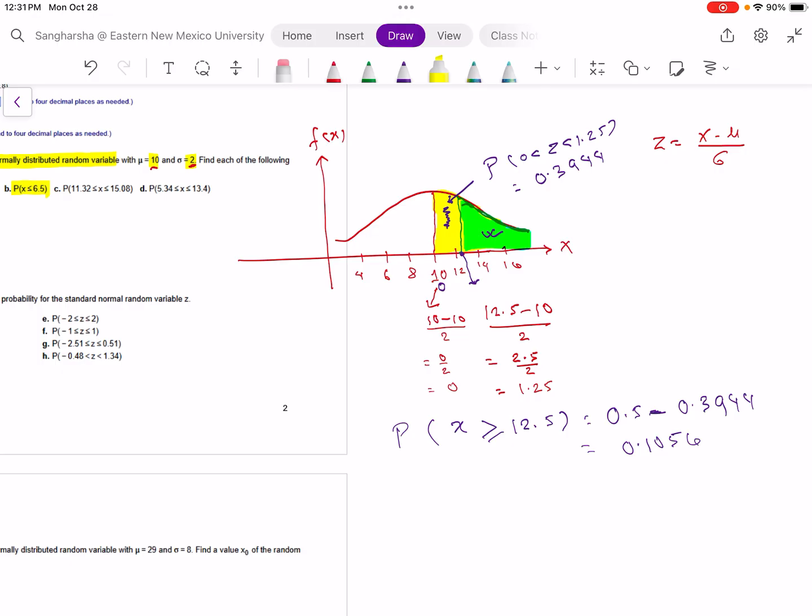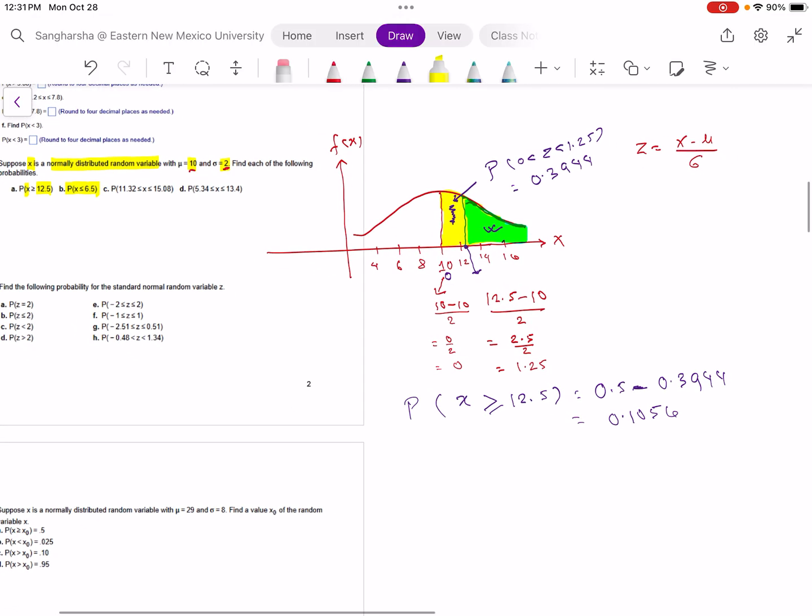So you're gonna do this exactly the same thing, okay? But you have to start from scratch. Draw a bell-shaped curve. You locate the mean, okay?